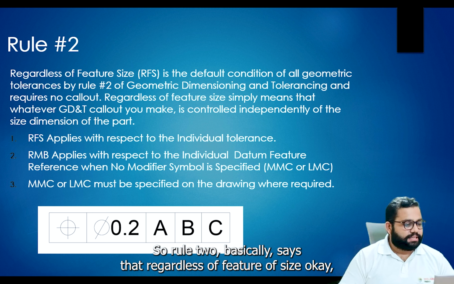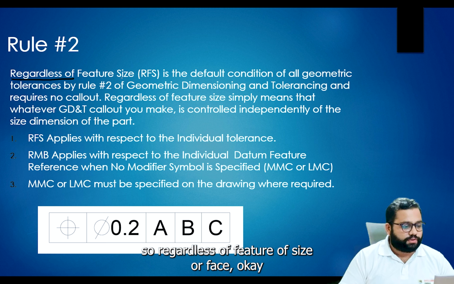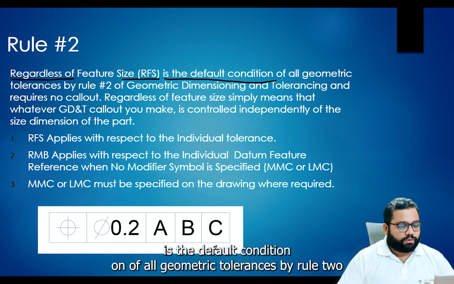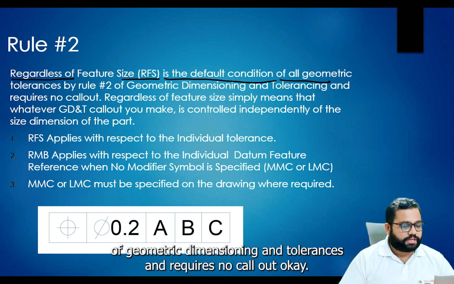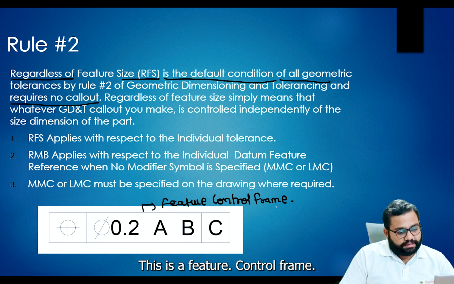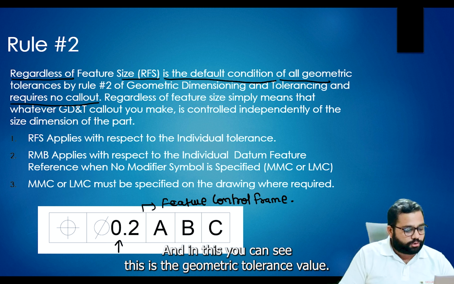Rule 2 basically says that regardless of feature of size, or RFS, is a default condition of all geometric tolerances by Rule 2 of geometric dimensioning and tolerancing and requires no call out. This is a feature control frame, and in it you can see the geometric tolerance value.